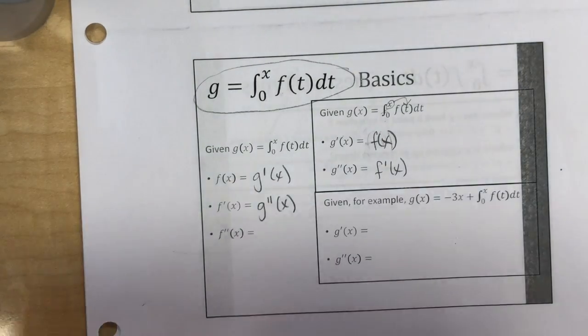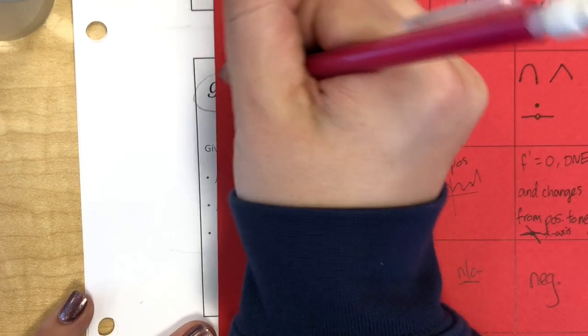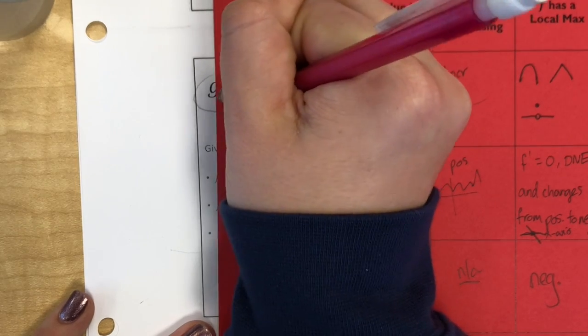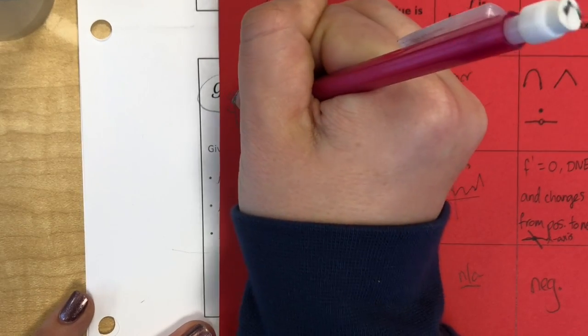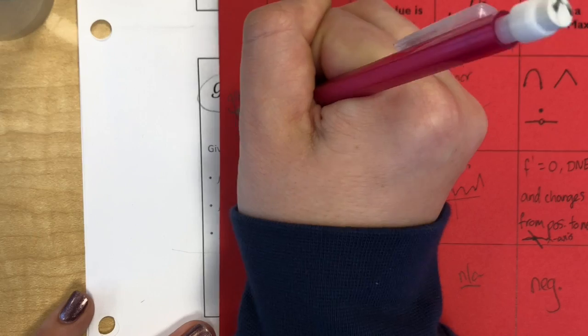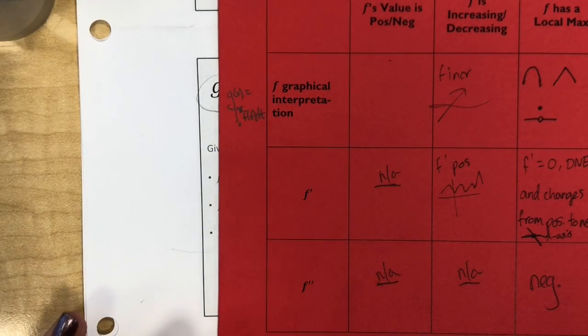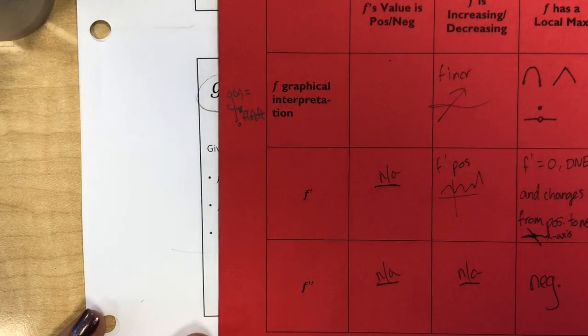So over here, I'm going to say if G of x is the integral from 0 to x of f of t dt, if that's the definition, and I would take out your red sheet and write this on it right now.